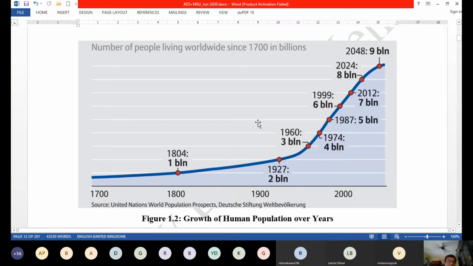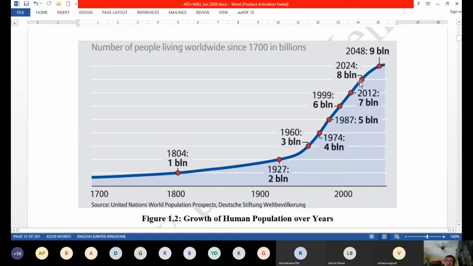One of the reasons is that the population of the earth has increased very rapidly, maybe in the last 50-60 years. As you can see, in 1804 it was just 1 billion. It increased to 2 billion in 1927, and then in 1960 it was 3 billion, and from 1960 to 2024, right?